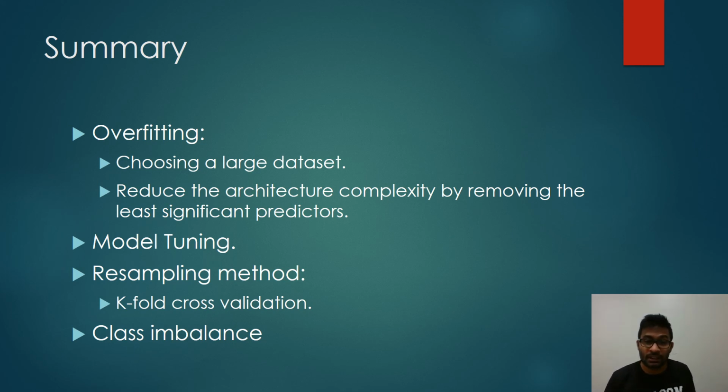This helped us tune the model to perform very effectively, and having several iterations was helpful to identify the most accurate model. And if you remember, we used k-fold cross validation, which is a sampling method, and to address the class imbalance, we used oversampling to generate a dataset with a 50-50 yes to no ratio.